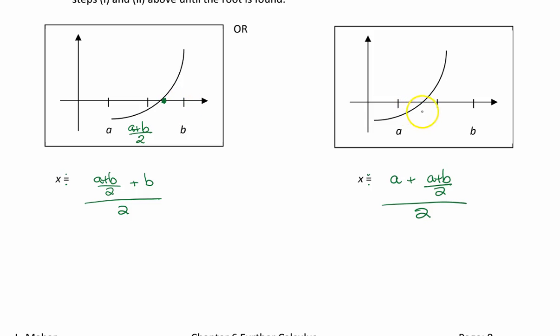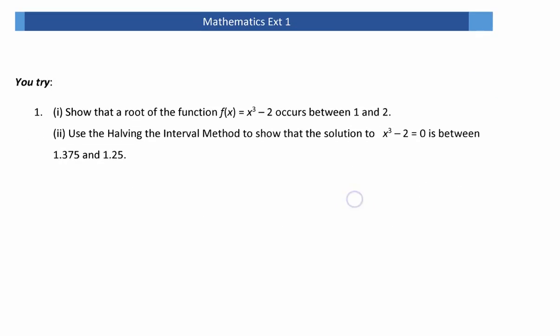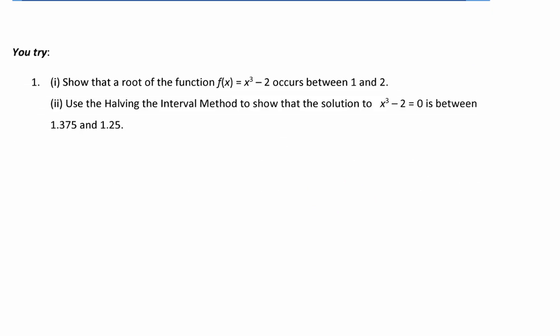But of course, if we found that the graph was doing this, and this is our a plus b on 2, halfway between the two, then we would say that the root is somewhere between these two, or halfway between these two. So we add the two together and divide by 2. And there's lots more simplifying that can go on, but that's just simplifying algebraic fraction work. I'll stop the video there and I'll go through this example in another video.